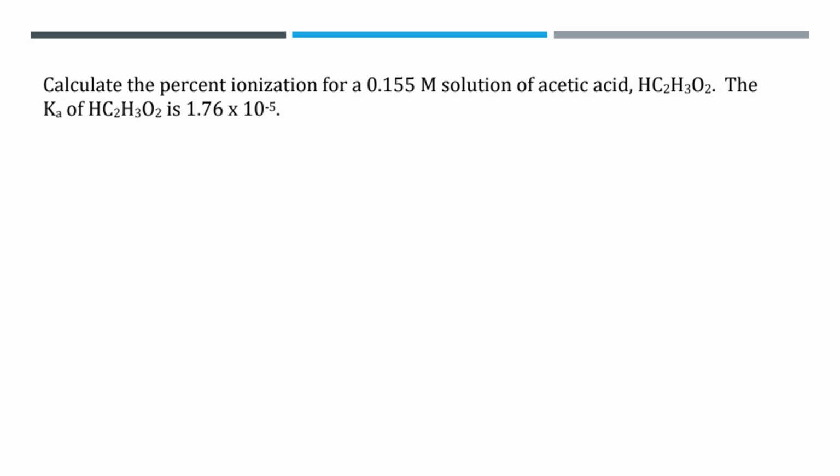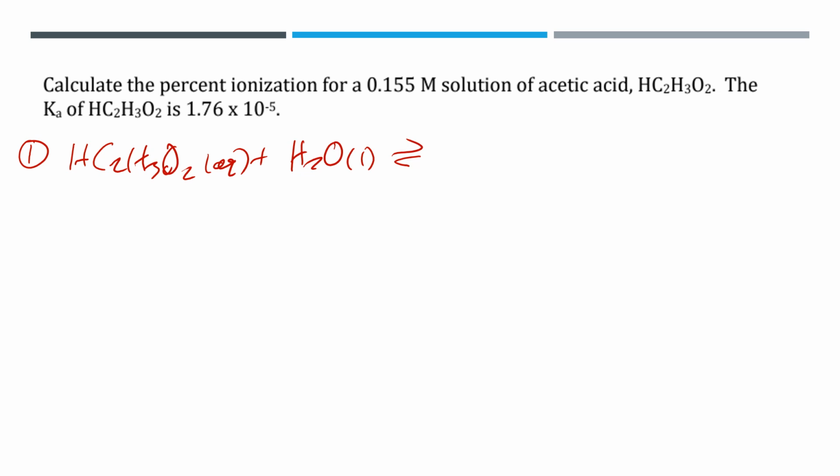Okay, so step 1. Recognize what my reaction is. So acetic acid plus water will produce hydronium ion plus an acetate ion.